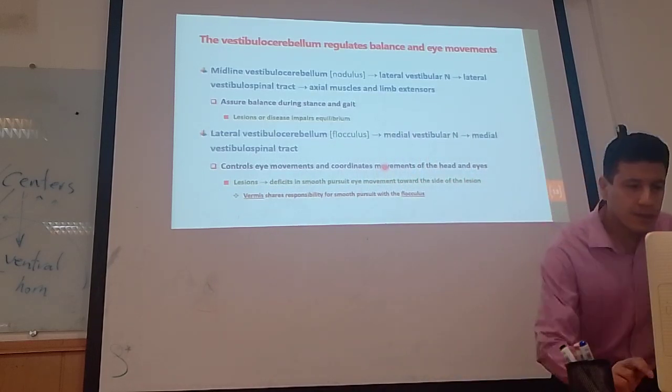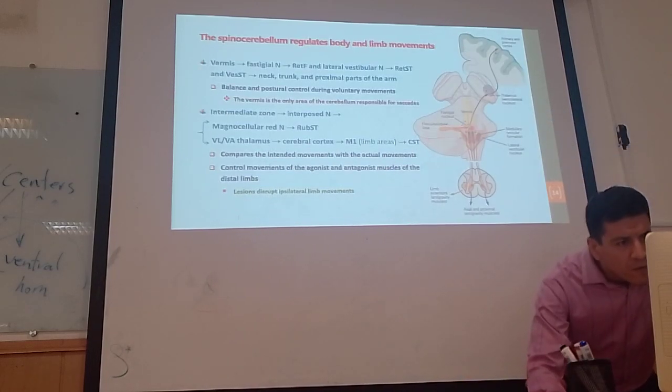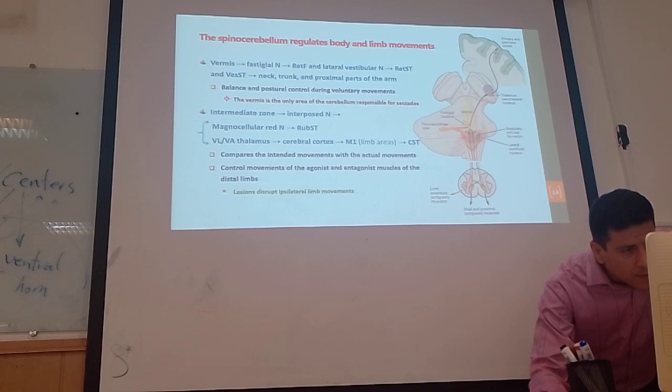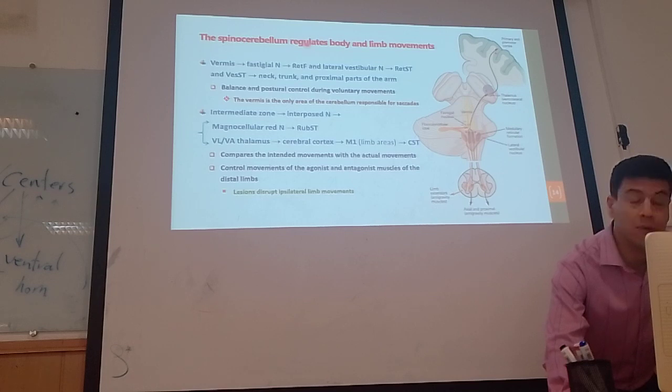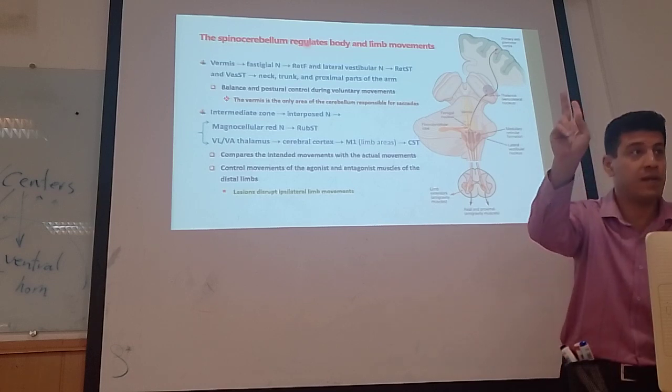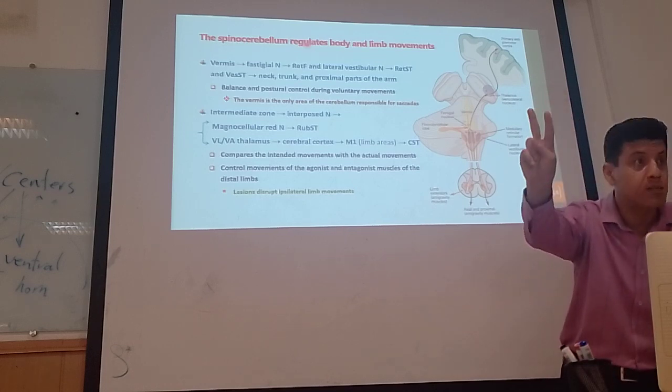So let's see this image. So from the flocculonodular lobe, we have some neurons that go to the lateral vestibulospinal tract. So lateral vestibulospinal tract activates limb extensors and axial muscles, right? Another pathway, so ignore this one, look at this. Spinal cerebellum, two parts, vermis and intermediate zone.